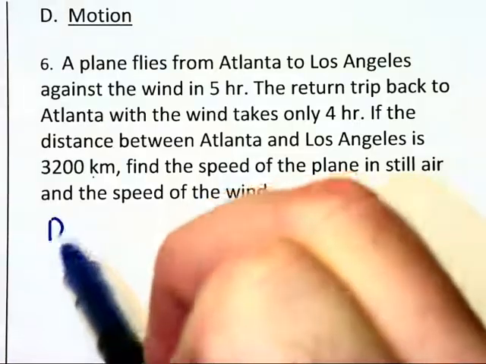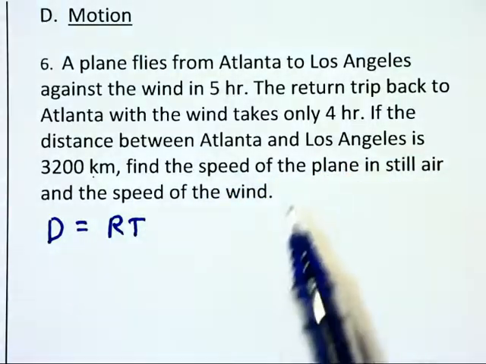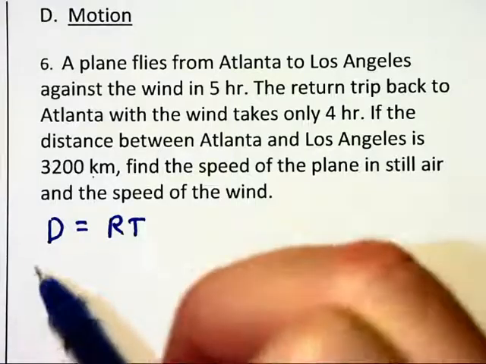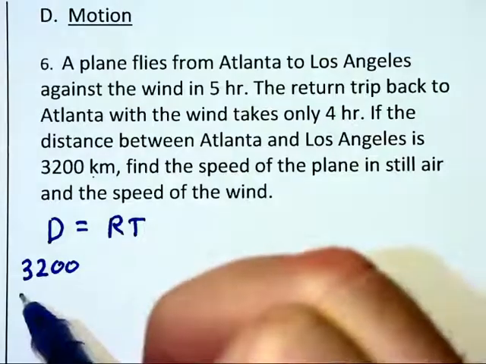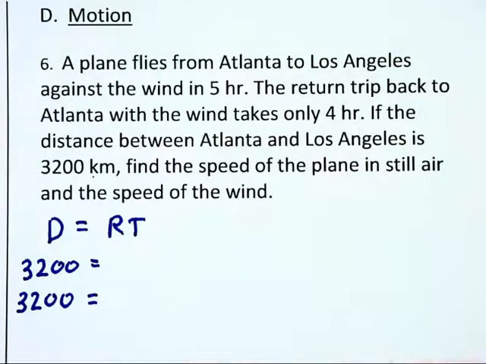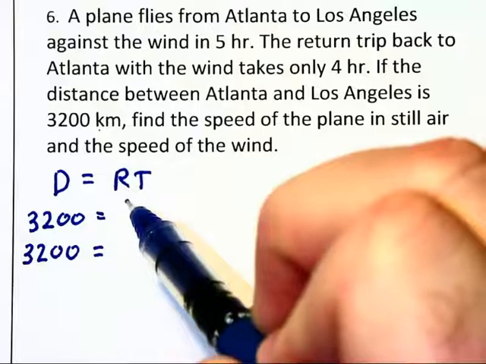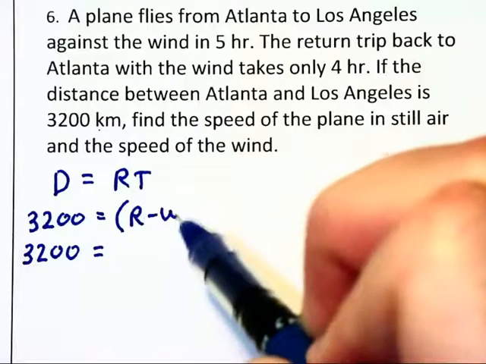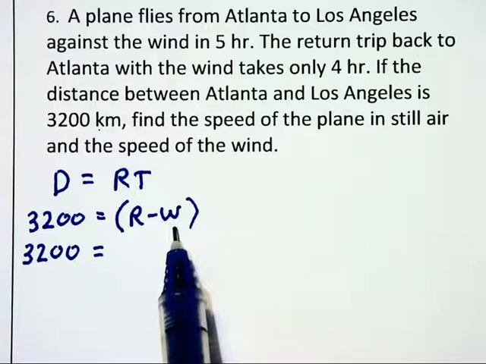Now here we go. We're going to write distance equals rate times time. The distance between the two cities is 3,200. So for both legs of this journey, I'm going to put 3,200 on the left side of the equation. Now when you are traveling to Los Angeles against the wind, your rate is going to be r minus w, where r is the speed of the plane itself and w is the speed of the wind.